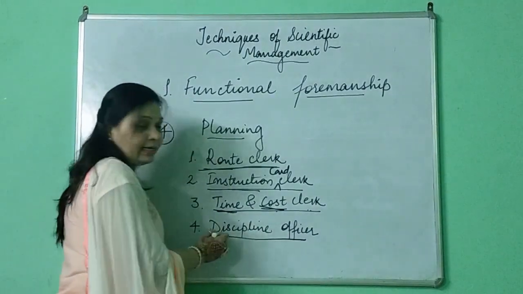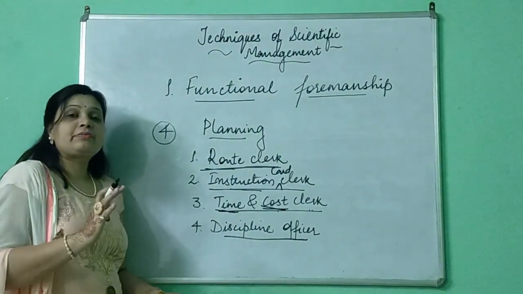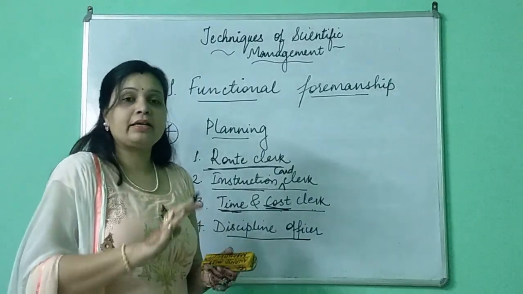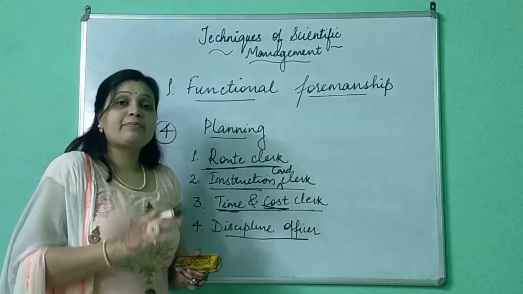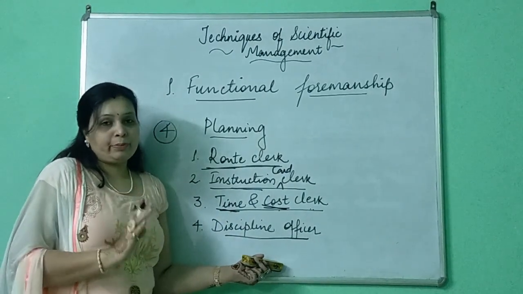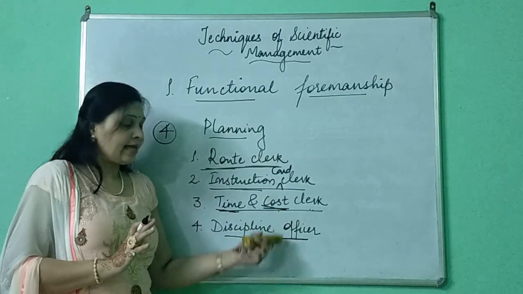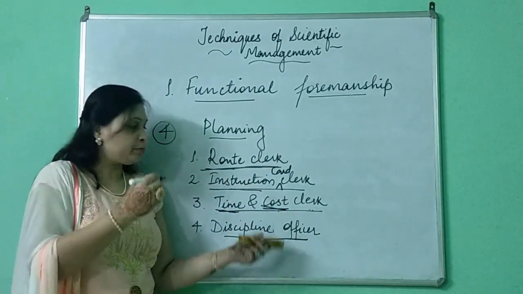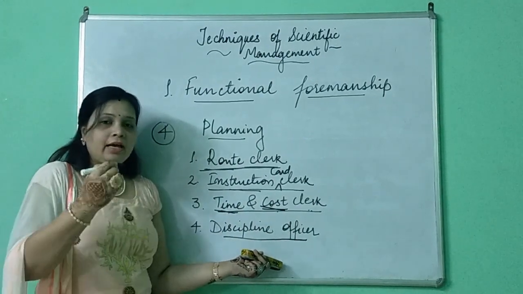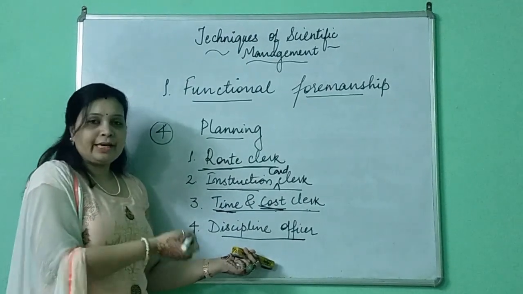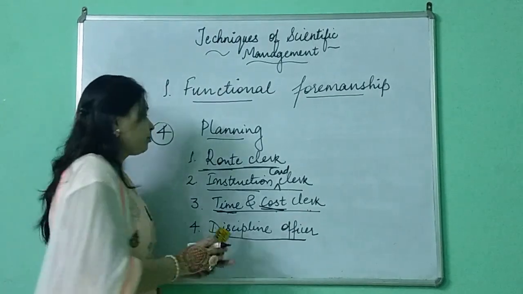Discipline officer sees if discipline is being followed, that all the people are doing work in a disciplined, orderly manner. If somebody is breaking any rule, he is the person who will see that no rules are broken. All these have these types of roles. You will see in your books, each person has whatever role they have. It is clearly given in your book, and I have also explained, so you can easily understand.